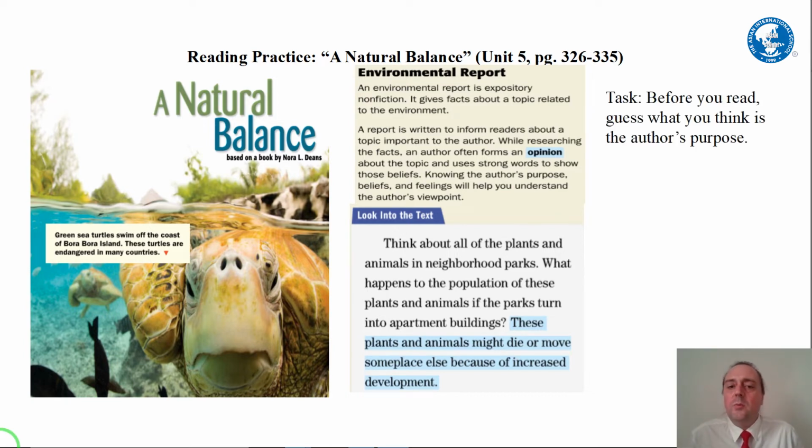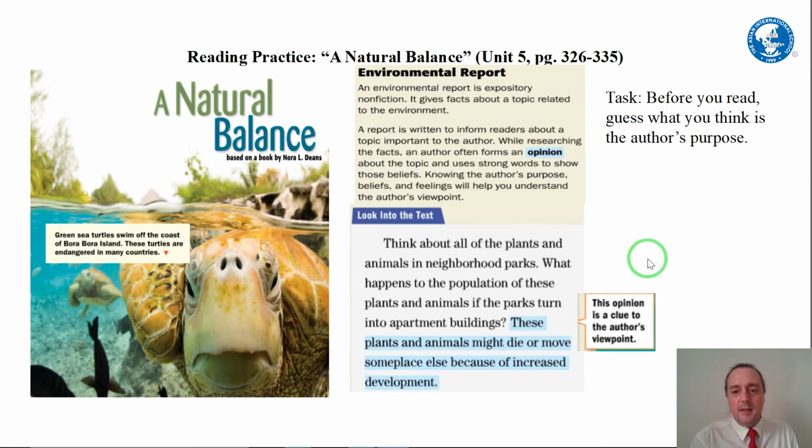Okay, so before we read A Natural Balance, what do you think is the author's purpose for writing? Take 1 minute and think about that. Okay, so when I read this, this is what I think. Here's the clue. This sentence here is a clue to the author's viewpoint.